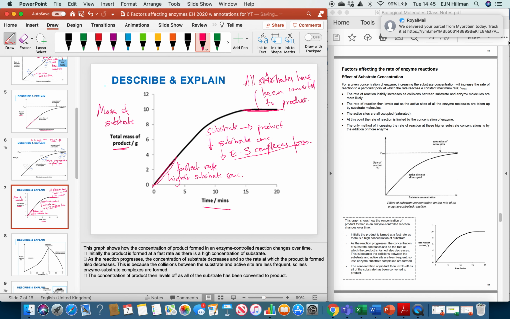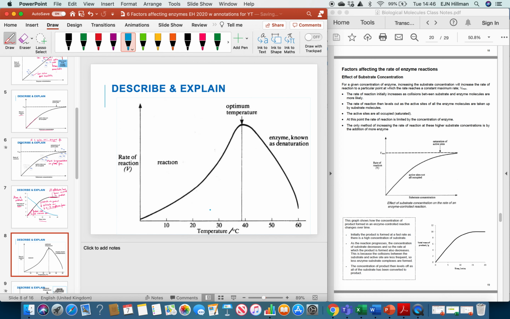And if it were the mass of the substrate, obviously this graph would have the opposite shape. It's not very well drawn there, but you get the idea. The mass of the substrate would decrease over time.